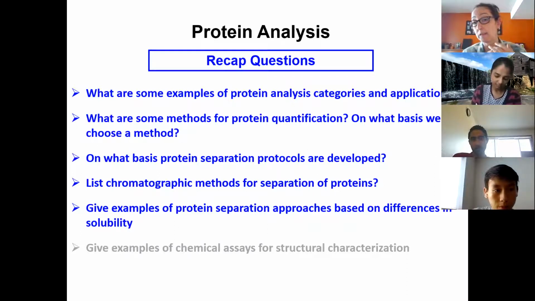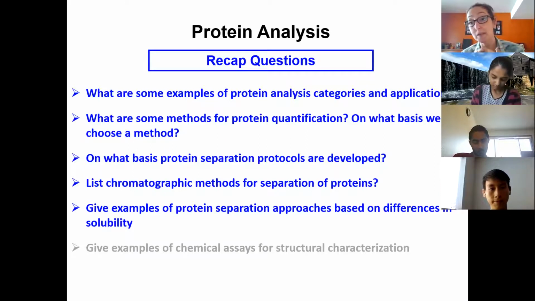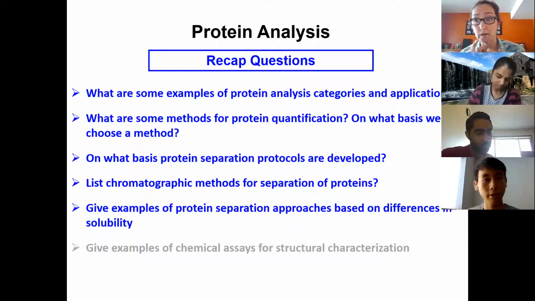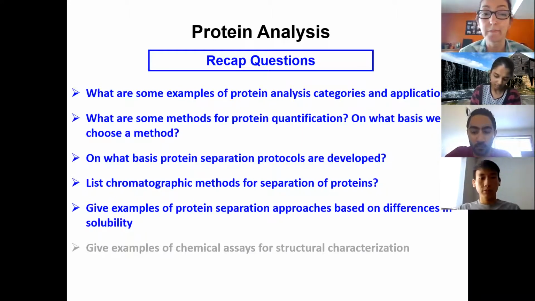So solubility at different pHs, solubility at different salt concentrations. We can also, based on the protein characteristics, adsorptive characteristics, we can separate based on size. We're going to talk about size now. So biochemical characteristics, size, charge, solubility in solvents, in water, in different pHs, different salt concentrations.